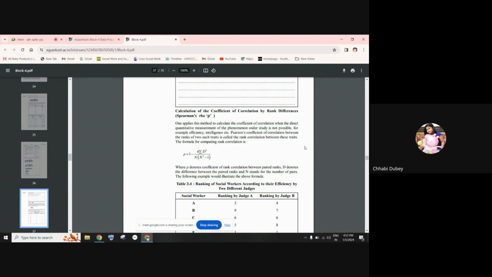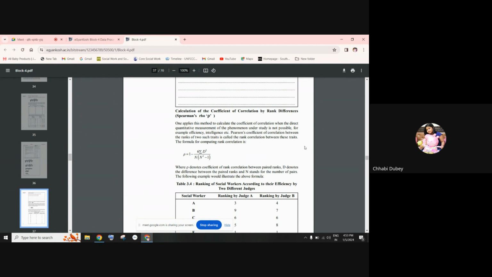So whenever we cannot directly find the quantitative measurement of the phenomena, this Spearman method is helpful. The Pearson's coefficient of correlation between the ranks of two such traits is called rank correlation, and the formula of rank correlation has been given here.